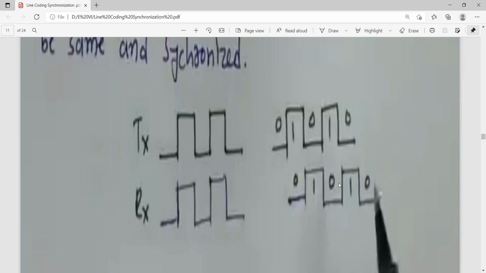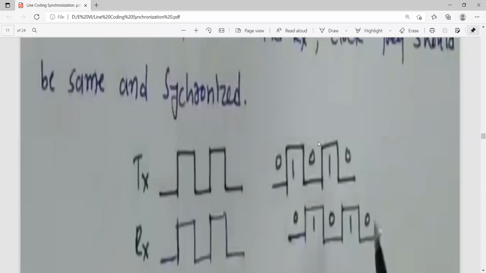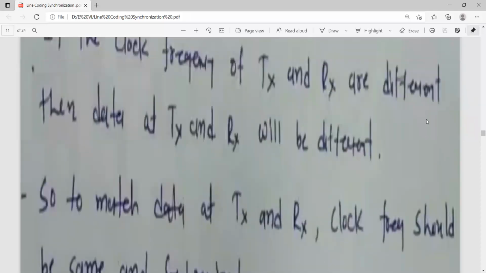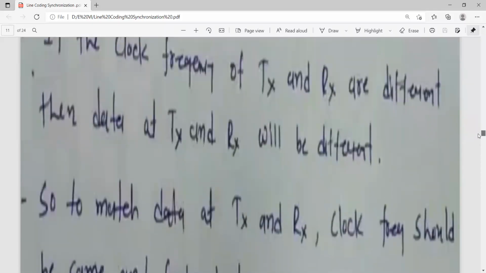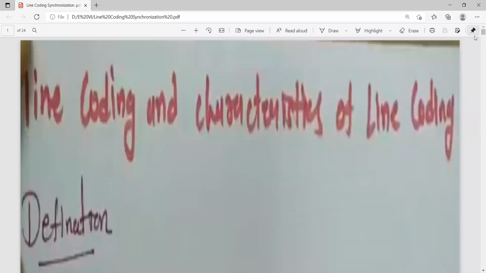To eliminate this type of errors in communication, and also if you are communicating DC pulses, there is a problem.